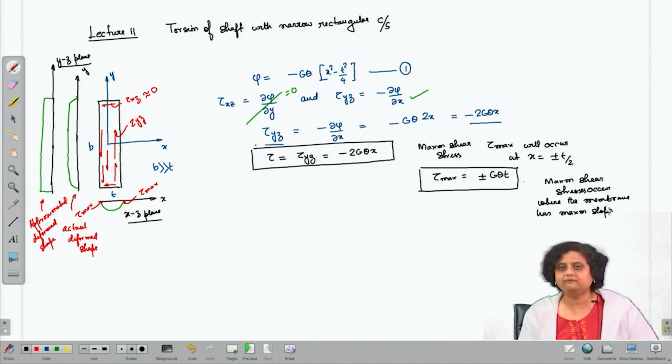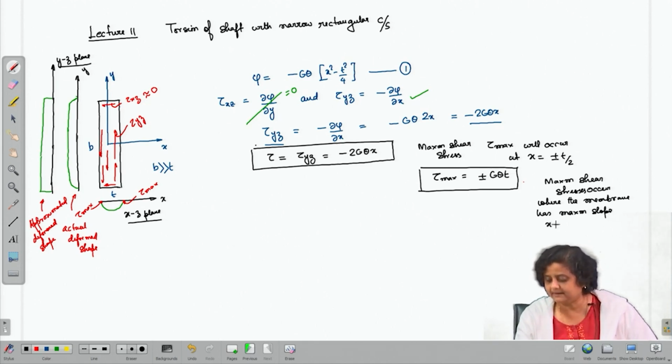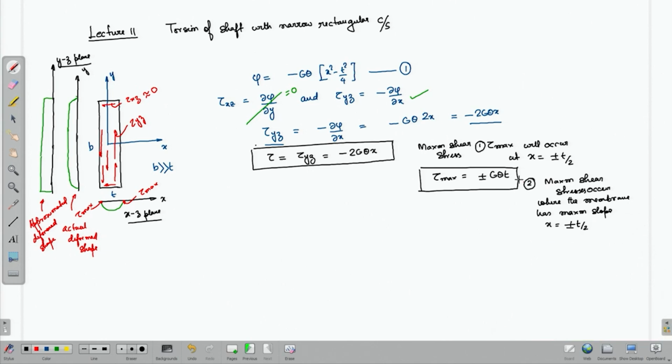And this we can visualize will happen at x equals plus minus t by 2. So, either by inspection we can say this, or from membrane analogy we can say this. Now, we know that if we have a narrow rectangular cross section shaft, the maximum value of the shear stress is going to be G theta into t, where t is the thickness of the shaft.